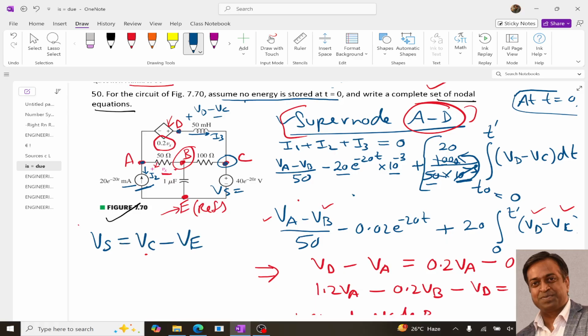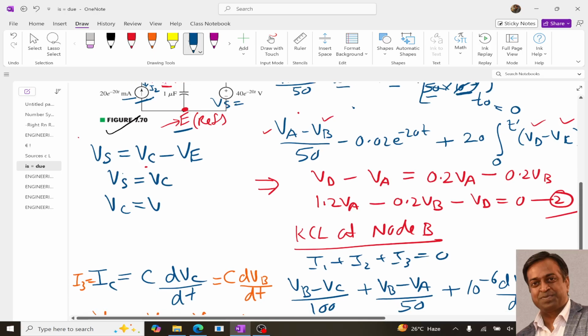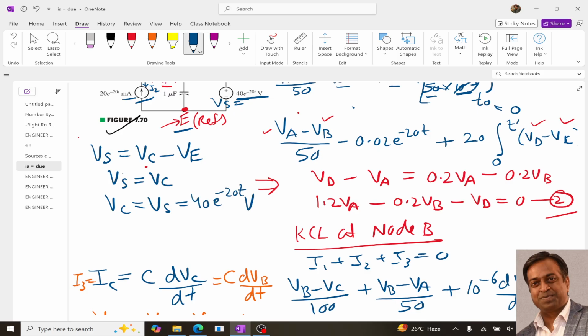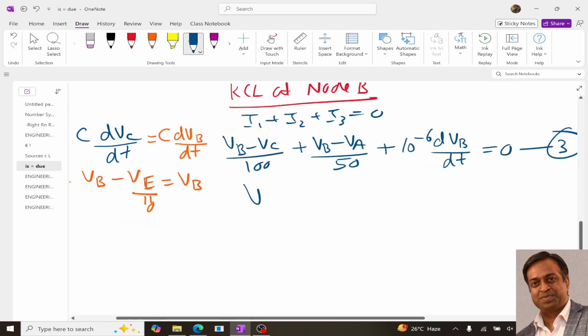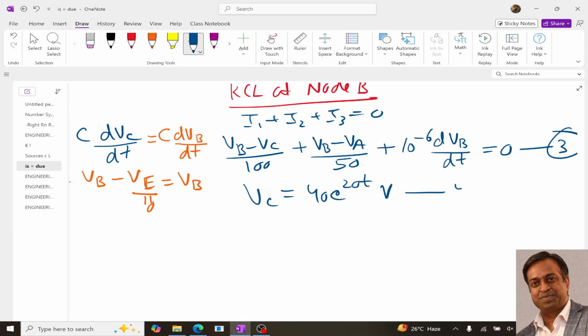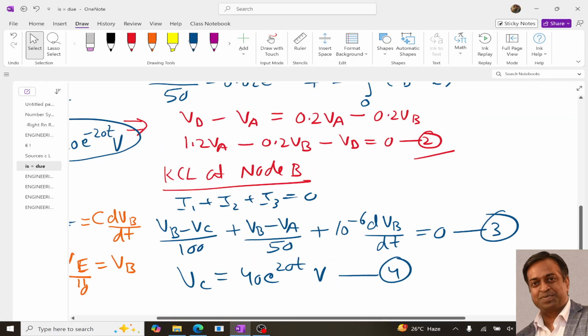Ve is 0 since E is the reference node, so Vs equals Vc, or in other words, Vc equals Vs, which is 40 e power minus 20t volt. So our fourth equation is Vc equals 40 e power minus 20t volt, which we get directly. We do not need to solve anything for this.